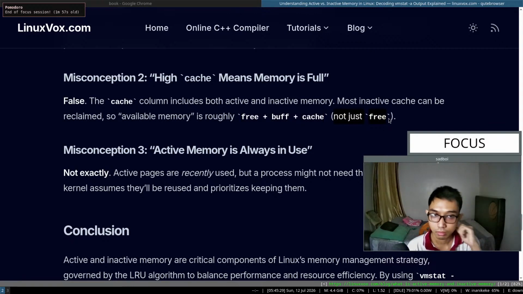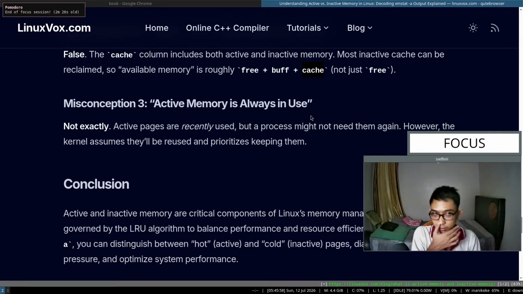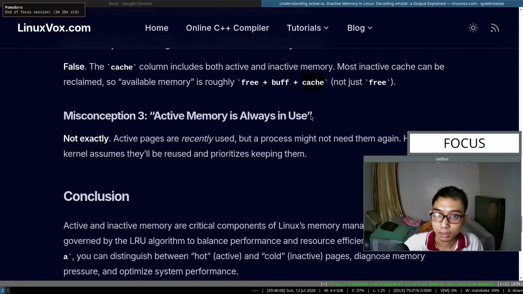Oh, wait, is this? Oh, available memory. Okay. Available memory is roughly free plus buff, the memory used for buffer cache, and the page cache. Okay. Not just free.